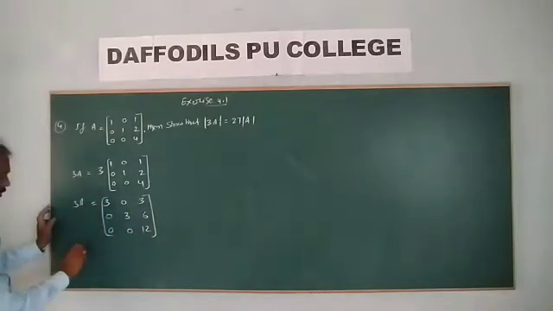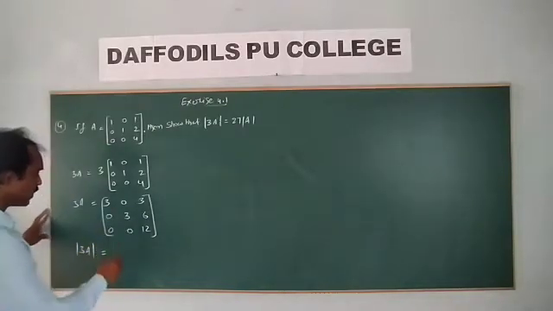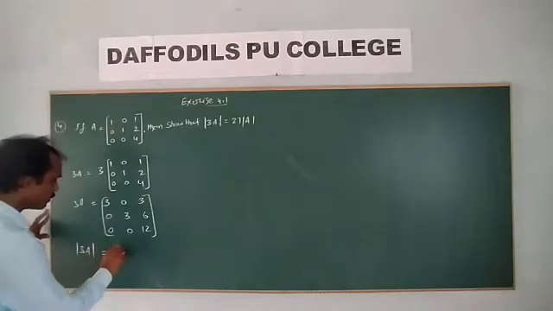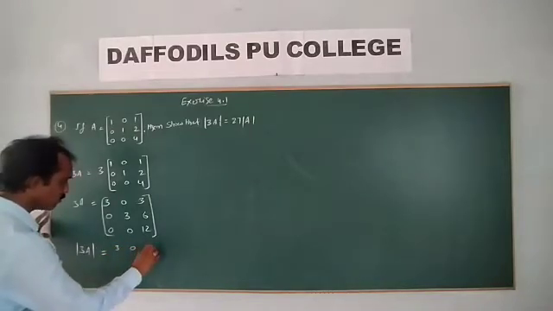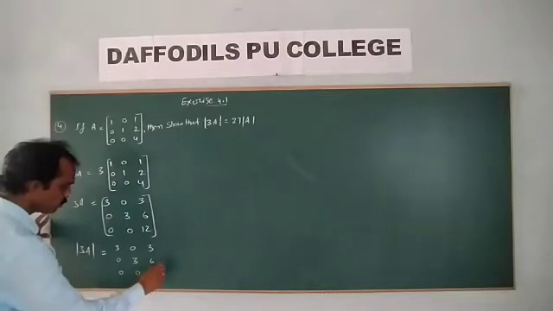This is the 3A value. Now, det of 3A is the determinant of [3, 0, 3; 0, 3, 6; 0, 0, 12].